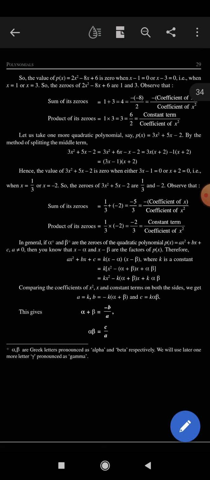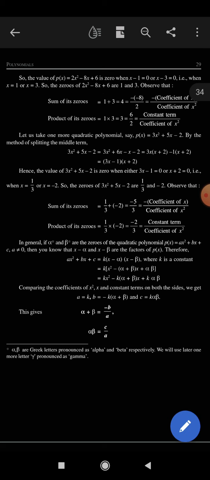alpha and beta are the zeros of quadratic polynomial p(x) is equal to ax square plus bx plus c, where a does not equal 0, then you know that x minus alpha and x minus beta are the factors of p(x). Therefore, ax square plus bx plus c is equal to k(x minus alpha)(x minus beta), where k is a constant.